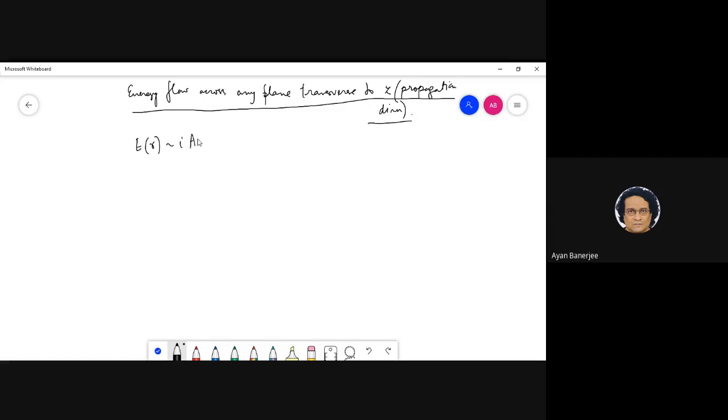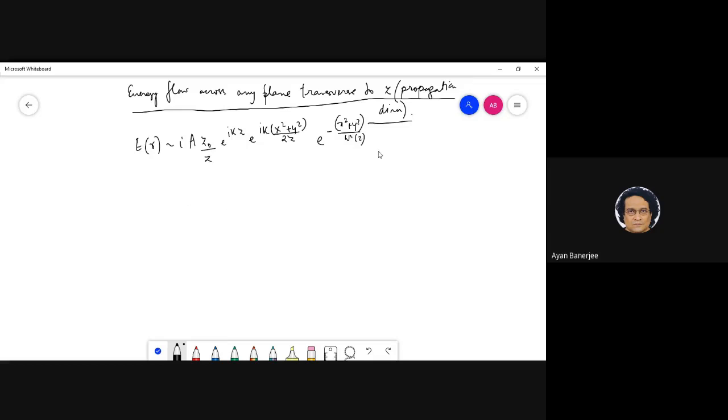We shall just start by writing down the form of the electric field, and that we saw was something like A, this is the amplitude, z0 by z, e to the i k z, e to the i k (x squared plus y squared) divided by 2z, and e to the minus (x squared plus y squared) by omega squared z.